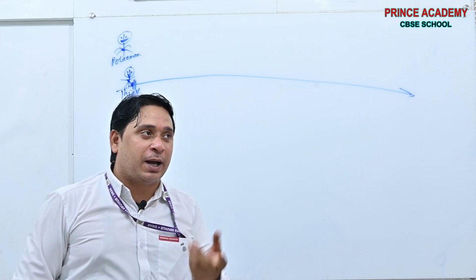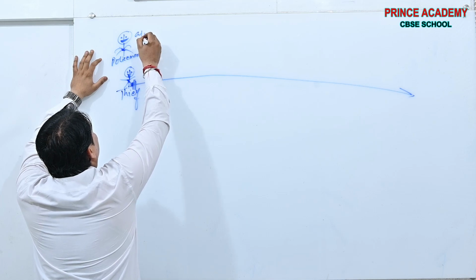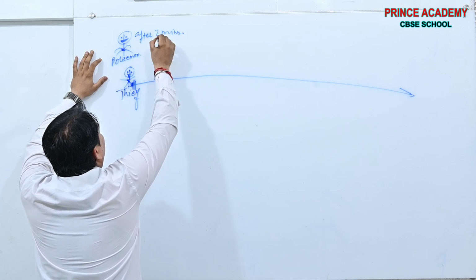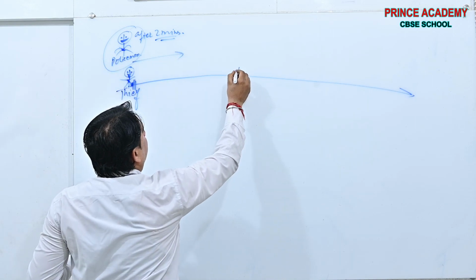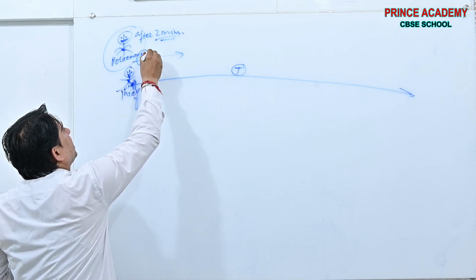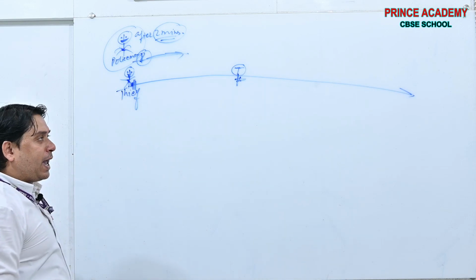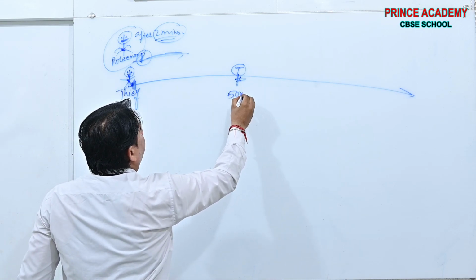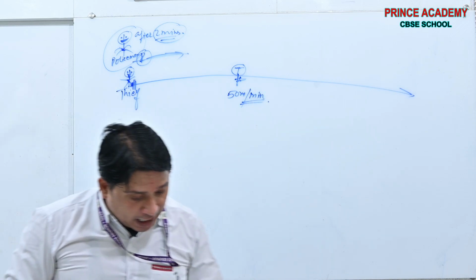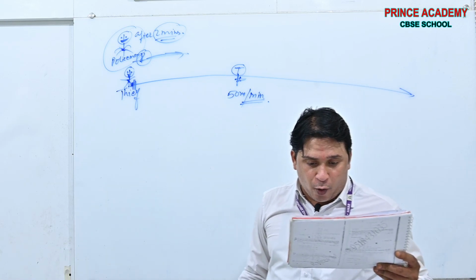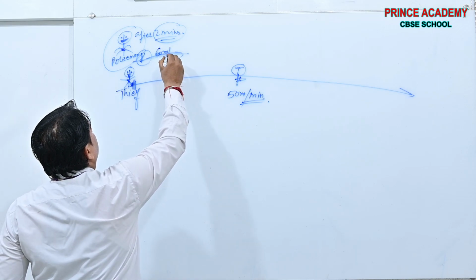After some time, after 2 minutes, the policeman started to run. When the policeman started to run after 2 minutes, the thief was here. He was running at the speed of 50 meters per minute. The policeman started to run with a speed of 60 meters per minute.